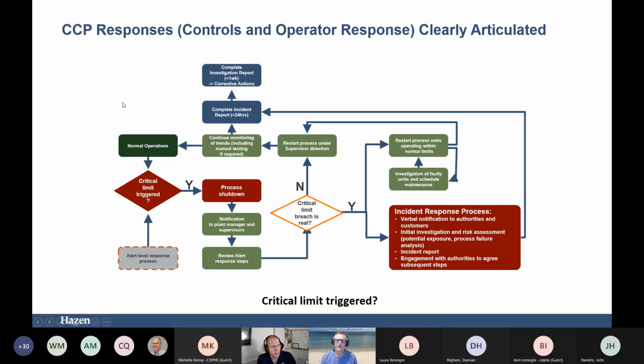This is an oversimplified response to, I've used the terminology critical limit here, where something moves from critical operation and we get into a critical condition because our action limit might trigger. And it's what we do for each one of our critical control points, each one of those treatment barriers, is develop a response procedure which considers controls and which considers operations.